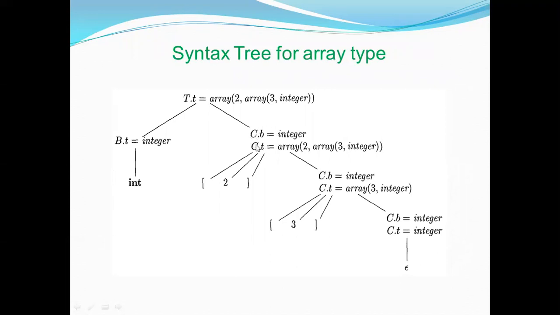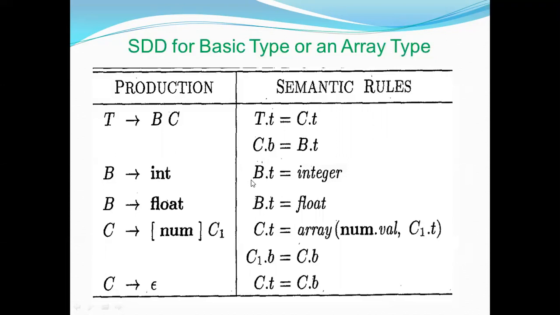Once I get this inherited value at this particular level, in order to execute this node, I cannot execute this node unless I get the second argument of this. Now the semantic rule for this is directly B.t is equal to integer, B.t is equal to float, which gets its value directly. So it is a synthesized value. When it comes to this particular node, there are two semantic rules.